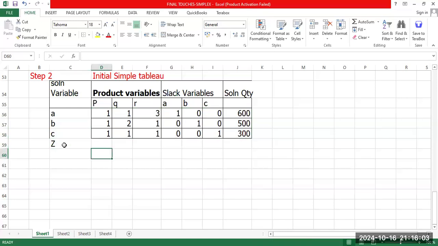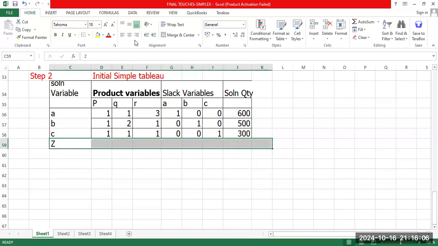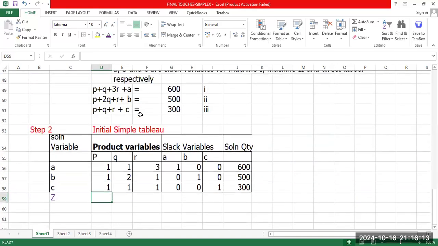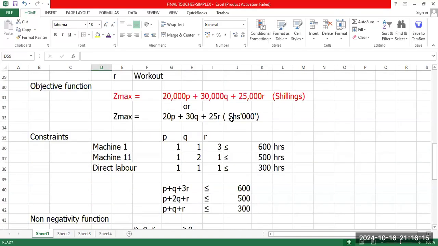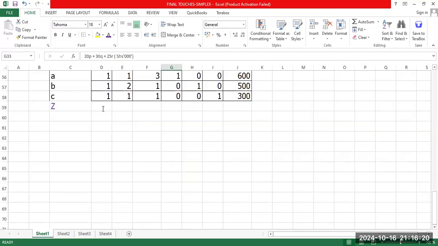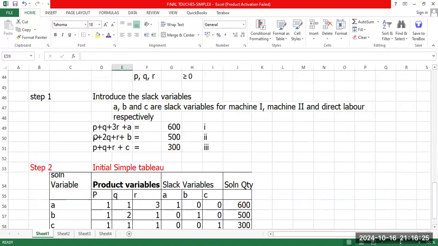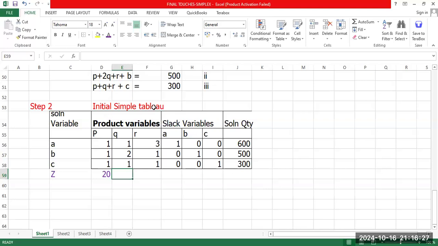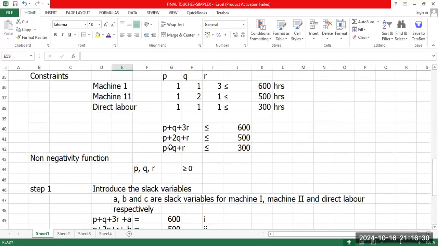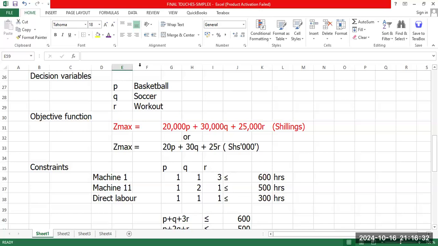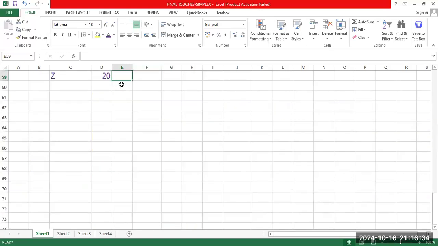Then pick the values on the objective function. Where is your objective function? It is here. I can pick 20, because 20 is the value before P. Then I pick 30, then lastly 25.